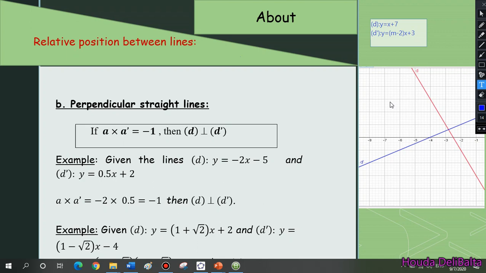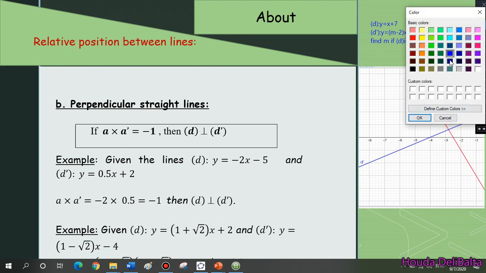My question is, find the real number m if D is perpendicular to D prime. So how can we find m if it is given that D and D prime are perpendicular? All we have to do is to apply the rule that says a times a prime equals -1.